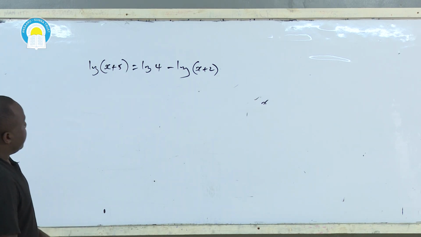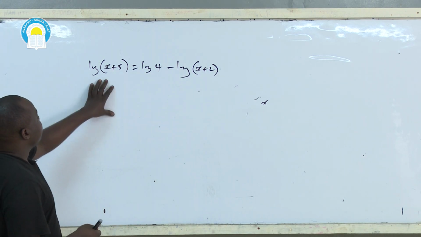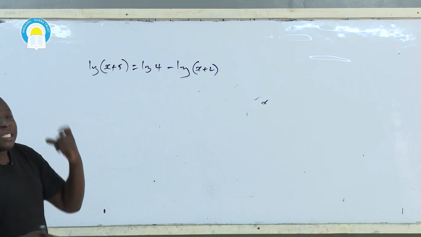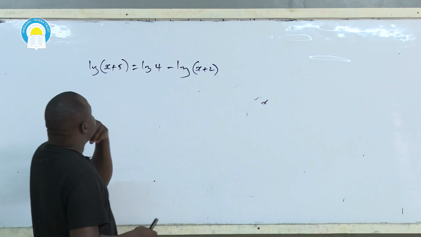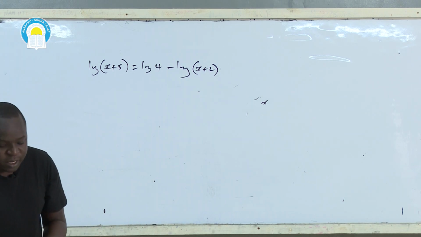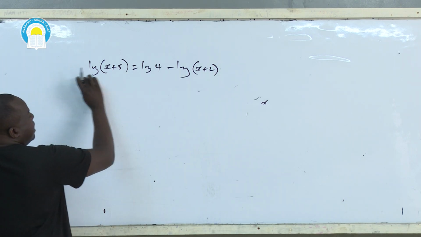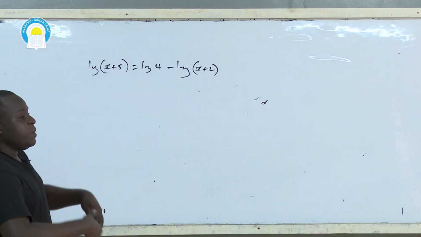Okay, now, I'm supposed to get the value of x just like in a normal case. Somebody might think this question is the same as maybe the first example I explained, but listen carefully, because there is something that might be different that I need to explain as far as this question is concerned. So now, there are logs everywhere, there are no coefficients, so it's simply solving.